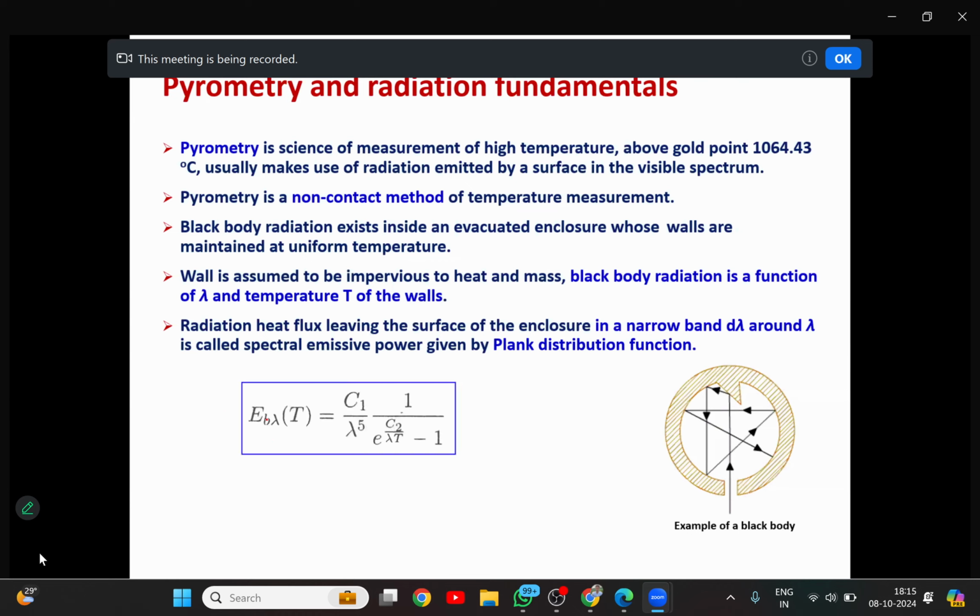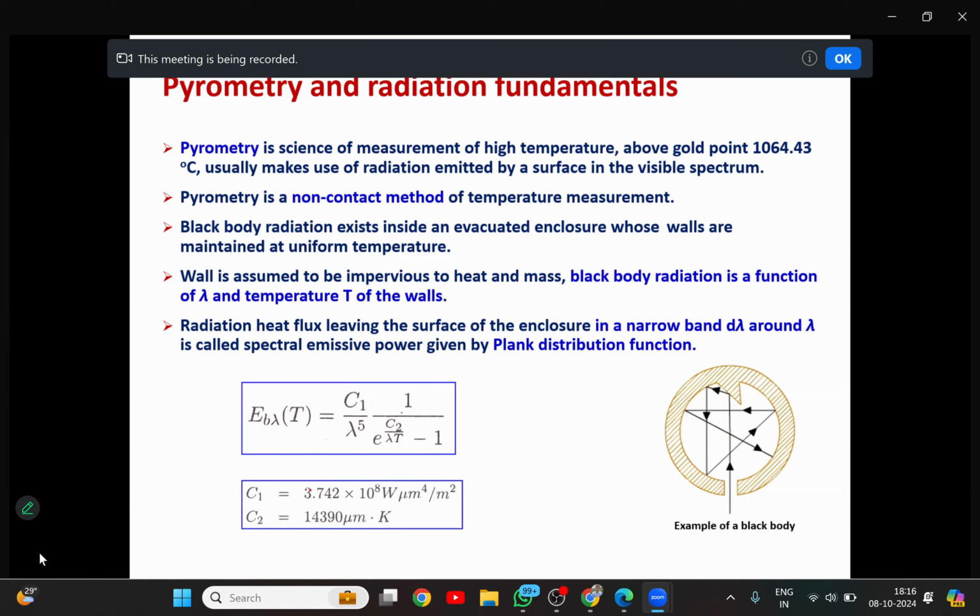Planck's distribution function is expressed as this: E_B lambda at a particular temperature, where B stands for black body, lambda stands for a particular wavelength, and T is temperature, is given as some constant C1 over lambda to the power 5, times 1 over e to the power C2 over lambda T, minus 1. Now, the constants C1 and C2 are given here.